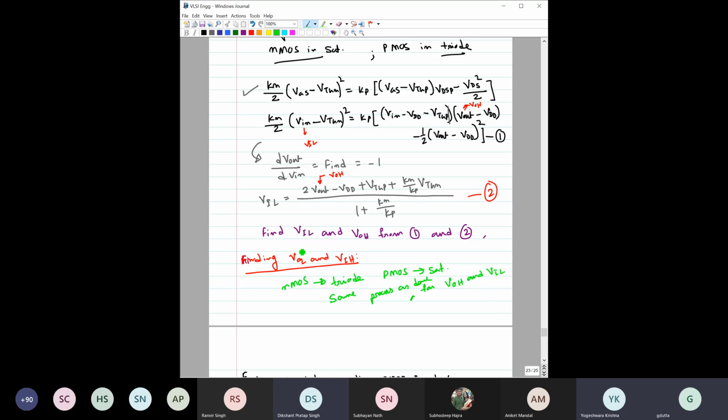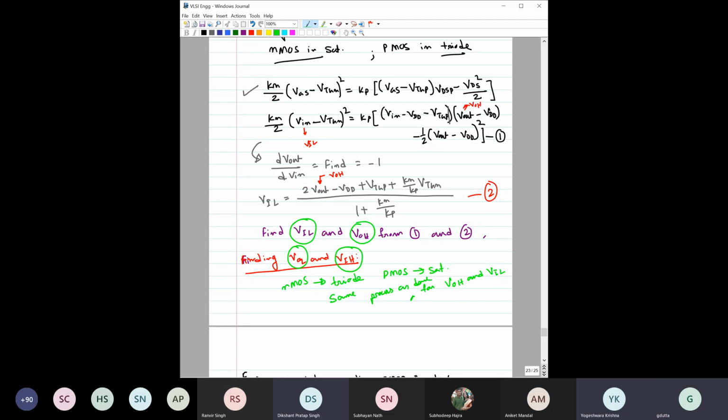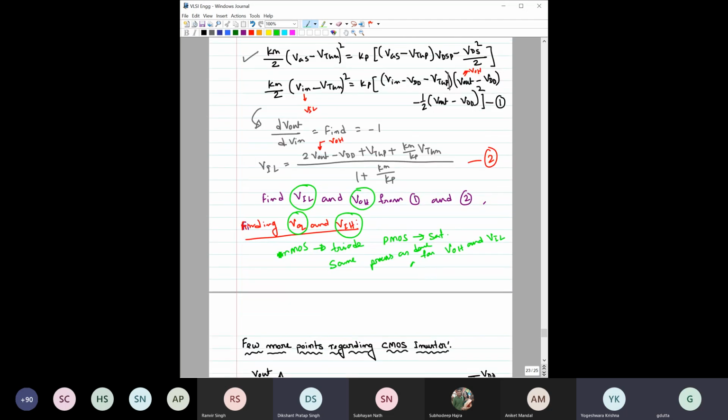So that way, you know VOL, VIH, VIL, you will get VOH. If you know all four, then find noise margin high and noise margin low, right? So you can see the equations, and then you have to solve this equation with this equation. Same thing, you have to do it here, right?